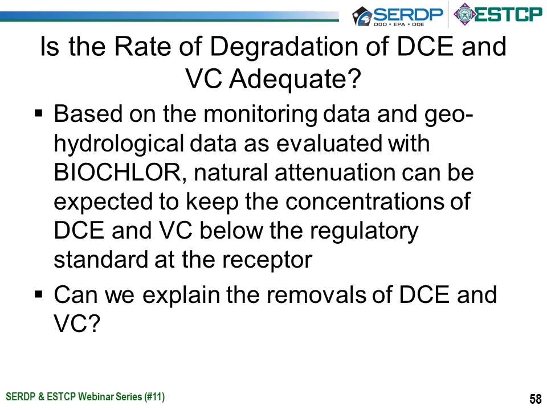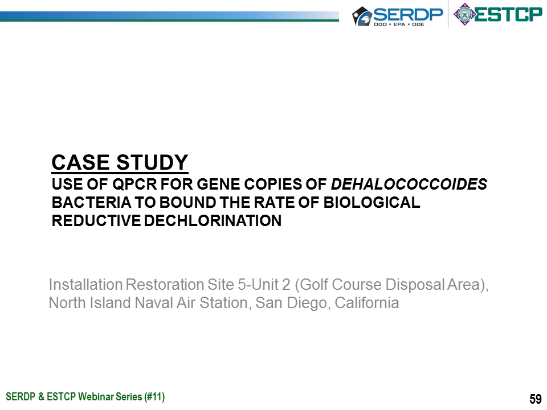So the question then is, can we explain those removals? And what we're going to use is data on quantitative PCR assays for gene copies of basically a structural gene that's related to Dehalococcoides mccartyi.